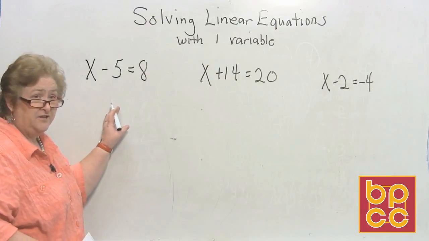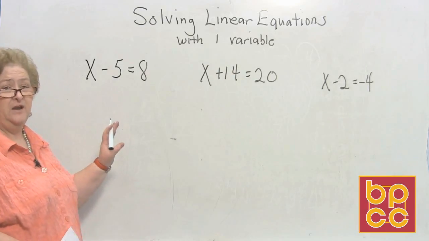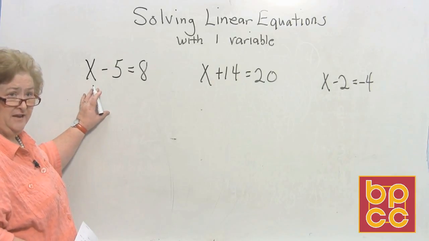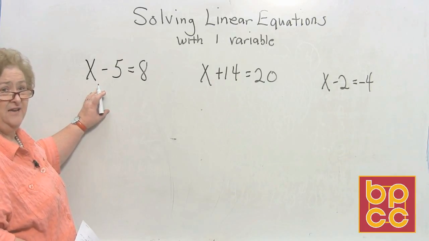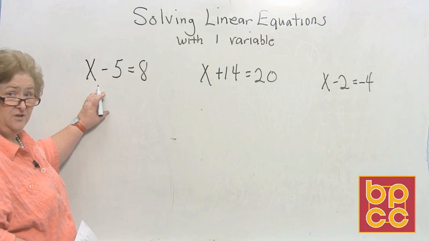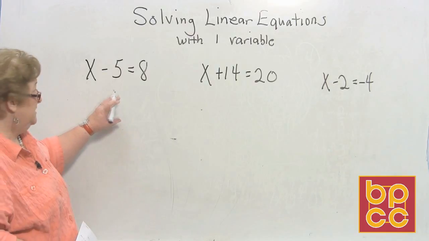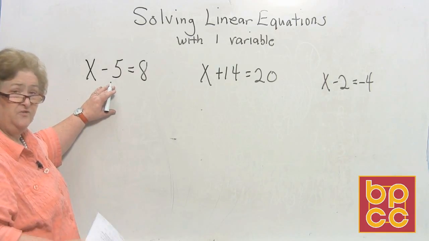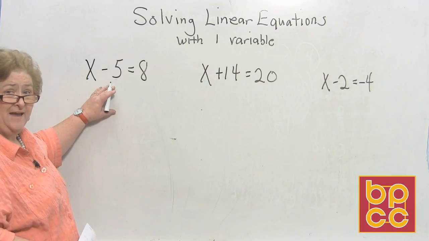Though we can solve this in our head, I'm sure there's a method that I want you to use, and that is this. Our job is to isolate the x. That means to move any number that's on the same side of the equal sign as the x over to the other side. Now, this is a -5, and so if I want it to move to the other side, I need to add the opposite.